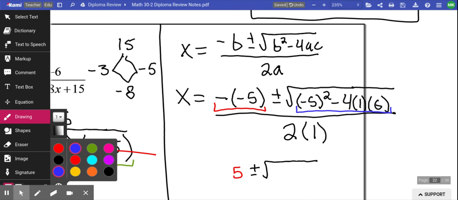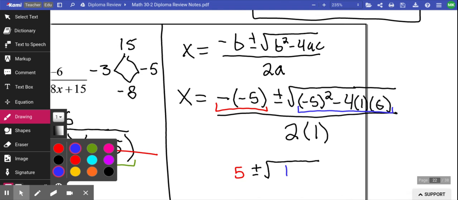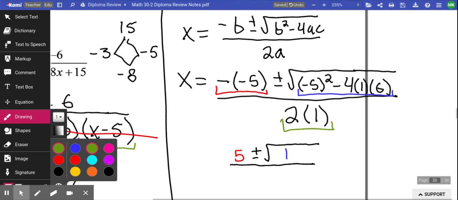Remember in your calculator, if you don't put brackets, it will give you an answer of negative 25. And we know that negative 5 times negative 5 is actually positive 25. So make sure you put brackets around things. I've been stressing that all year for a reason. If you put this in your calculator, you should end up with 1. And in the denominator, 2 times 1 is 2. That's how I do it.